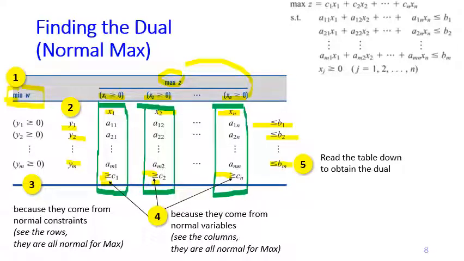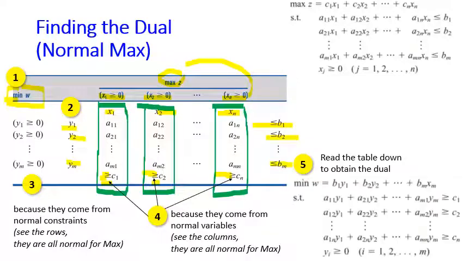Now what we can do to obtain the dual is to read the table down, which looks like this. So we are going to read this table according to the column. Okay, let me change the slide to make this clearer.